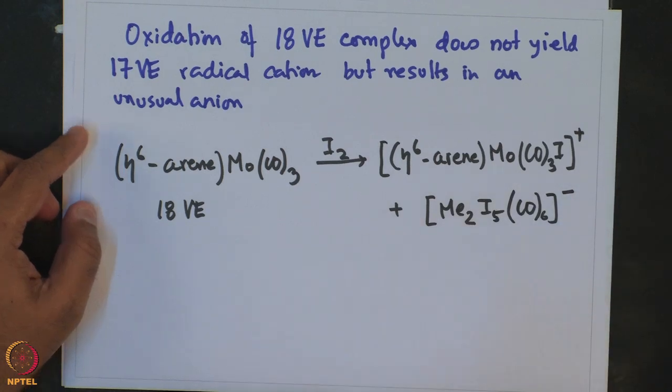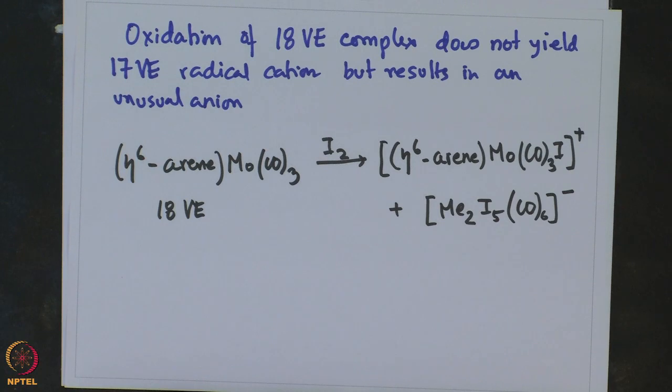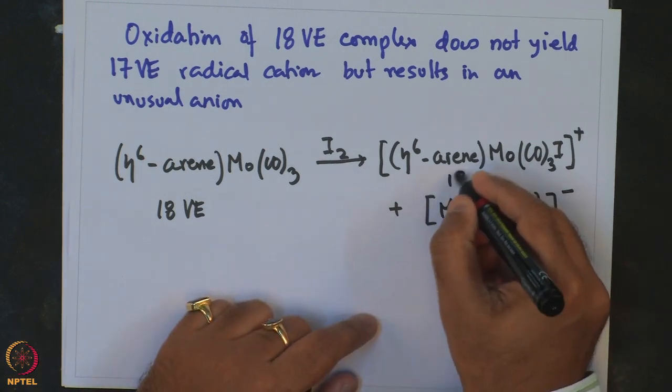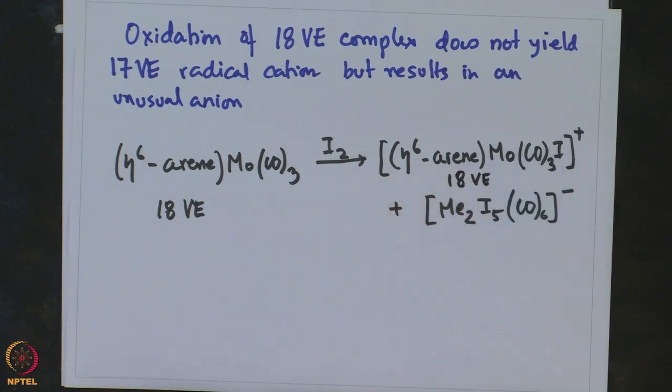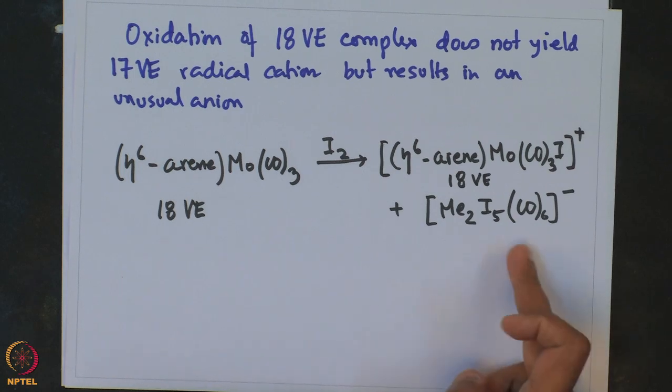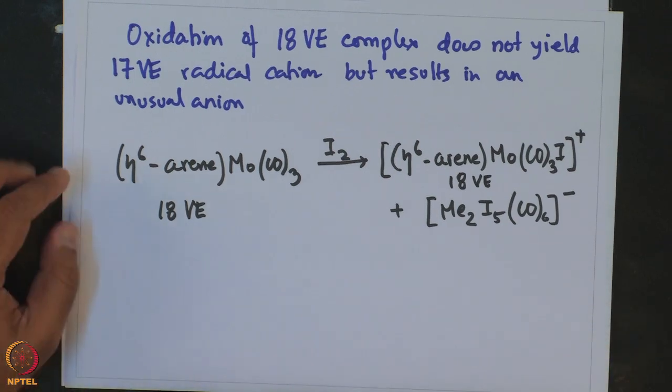So, this is an interesting example showing that the oxidation does not lead to the usual 17 valence electron radical cation, but results in a very unusual kind of anion which is shown over here.